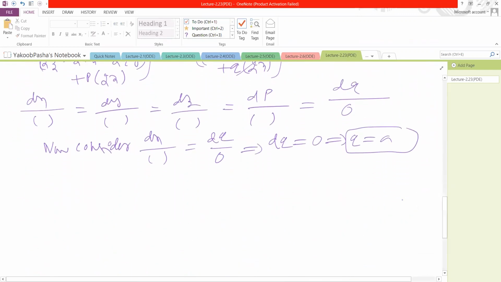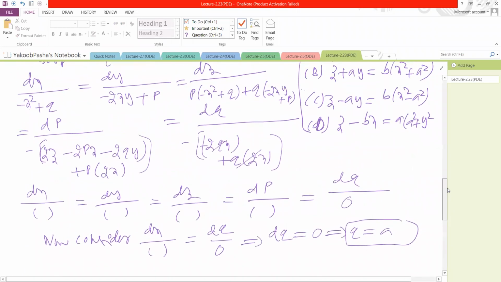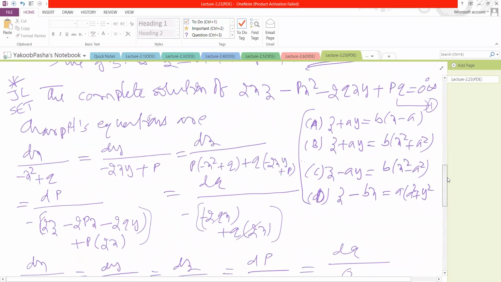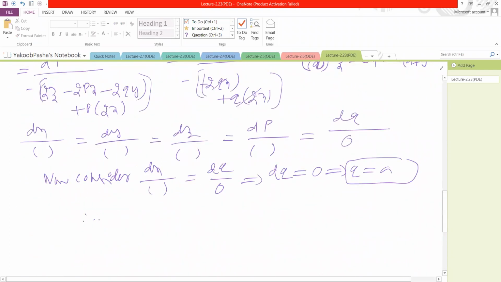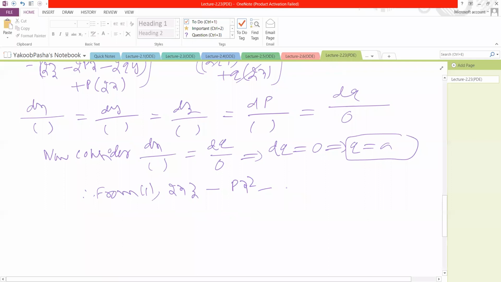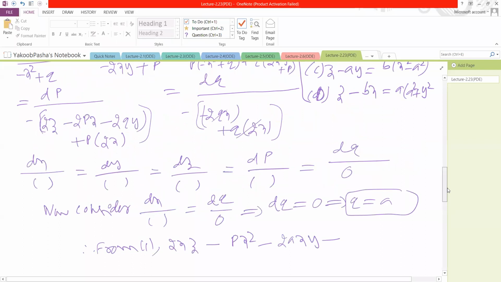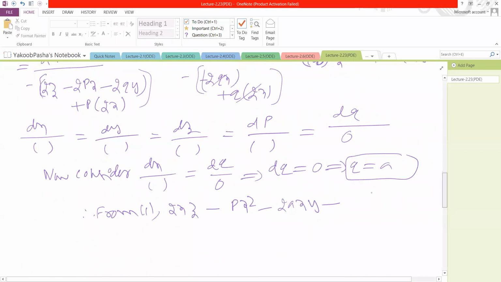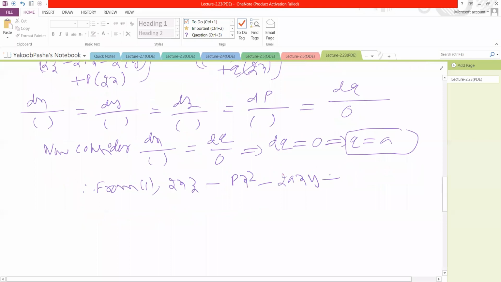Now writing q is equal to a, from equation 1, 2xz minus px square minus 2qxy, 2qxy means 2a xy, minus pq, pq means ap, is equal to 0.